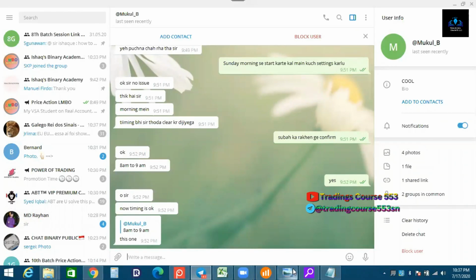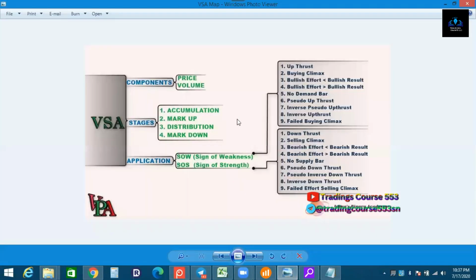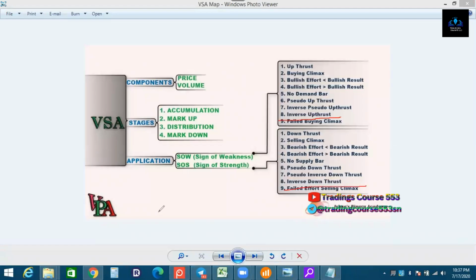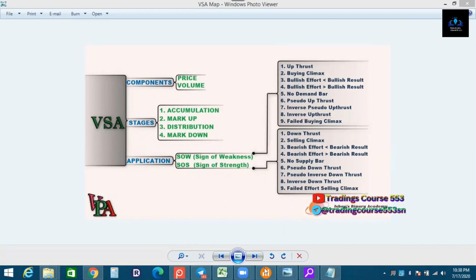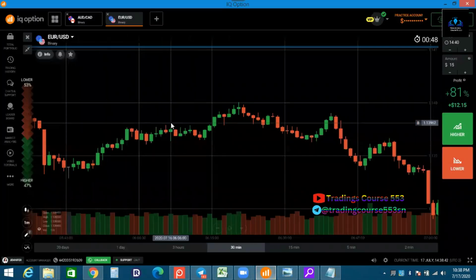Tomorrow we will learn these 2 things: failed effect and selling. Yes. These 2 things, and I will review all the signals again. When we read the chart, we will review all the things, and I will give you some pressure reading techniques. So how can we read the pressure?